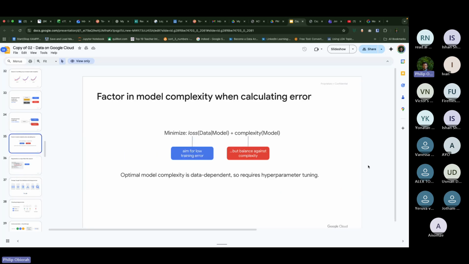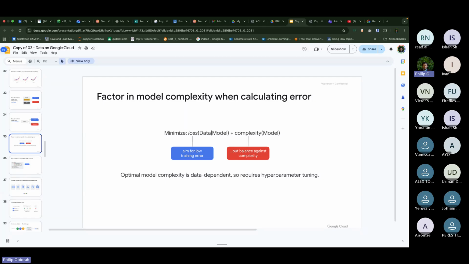So we've talked about the bias variance trade-off and model complexity. All right. So you want to minimize loss and model complexity. You just want to find a balance between the model loss and the model complexity.